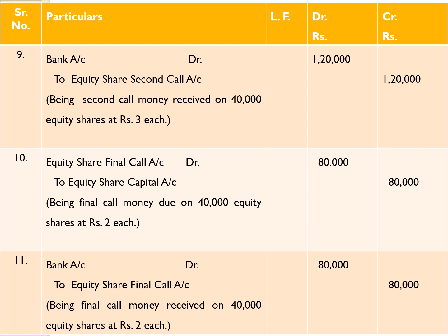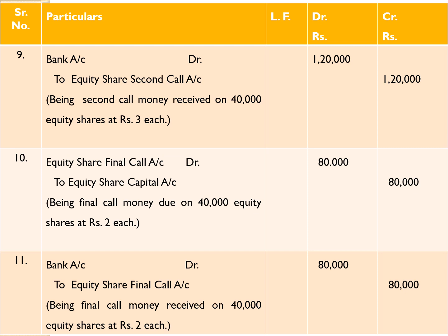Now we are considering second call money received. It means the Vishal Company Limited has received the second call. The company has got money on account of the second call. For that purpose, consider 40,000 equity shares into rupees 3 is equal to 1,20,000.